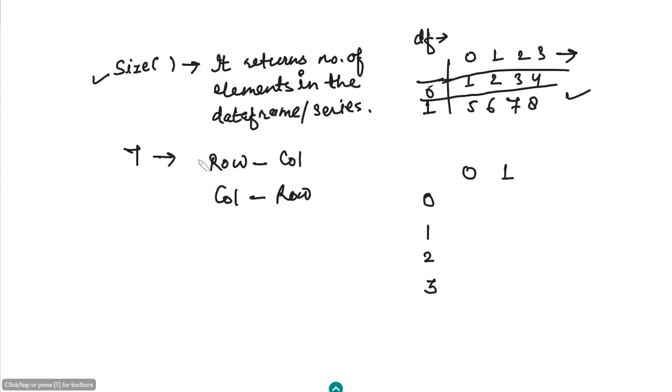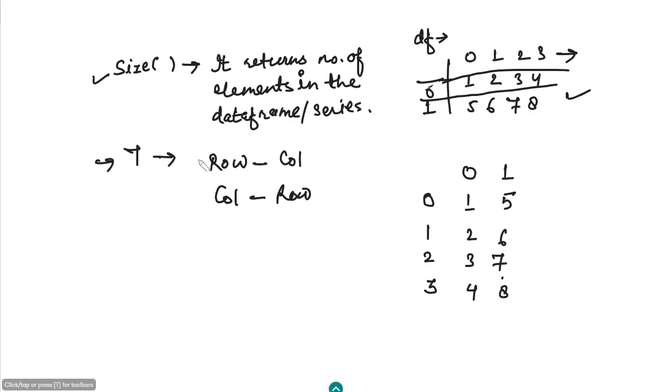And the elements will be placed accordingly: 1, 2, 3, 4, 5, 6, 7, 8. Look at this. This is the simple data frame after using this method. This is T, which means we are transposing the rows into the columns and columns into the rows.